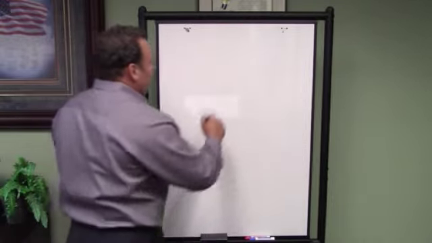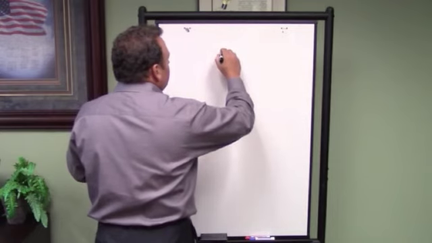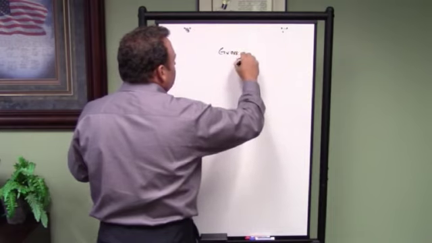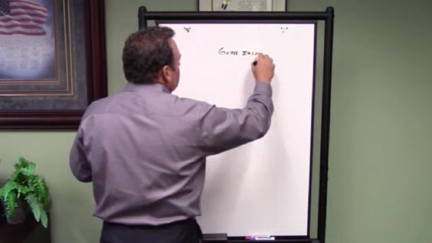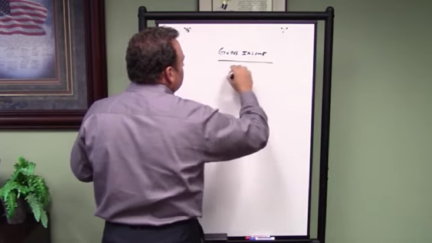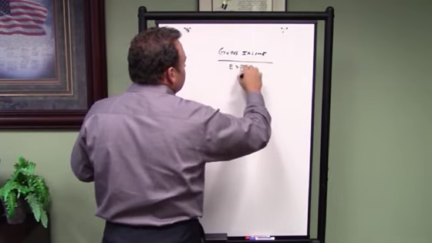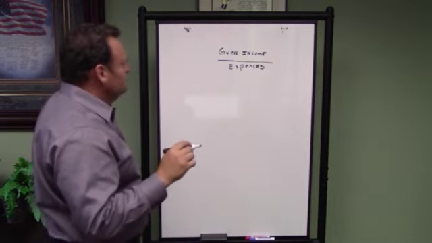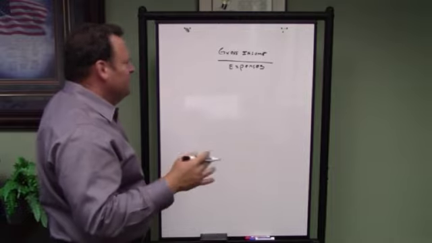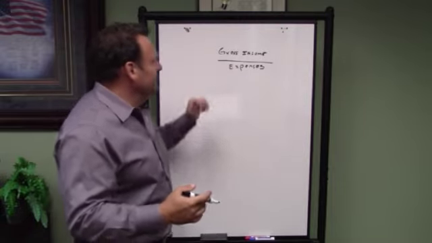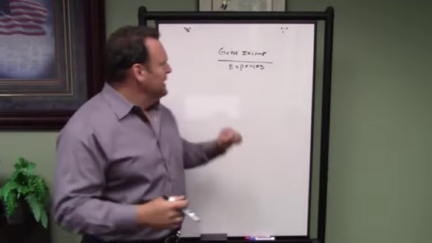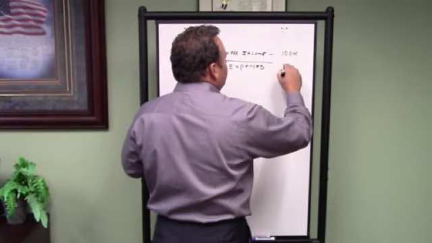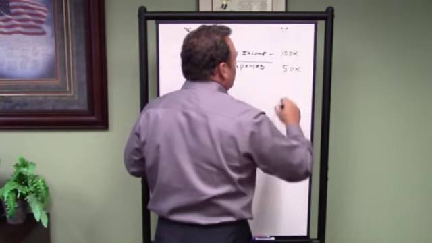Okay, so we had the gross income divided by the expenses. Or maybe it's upside down the other way. Doesn't matter. It's the ratio of gross income to expenses. So if the gross income in a year was 100 grand, and the expenses were 50 grand, what would it be?